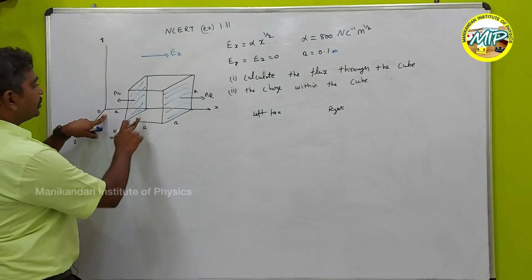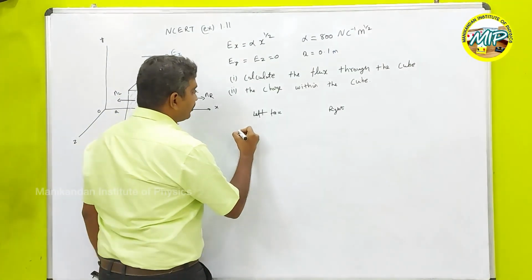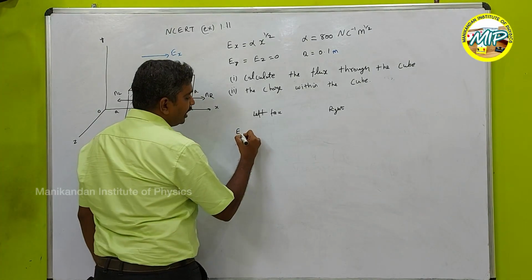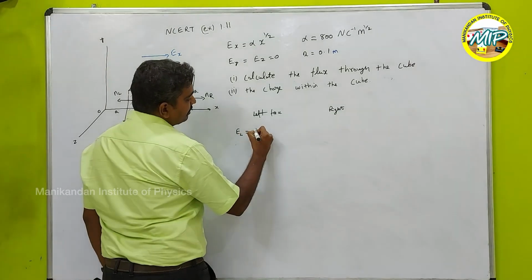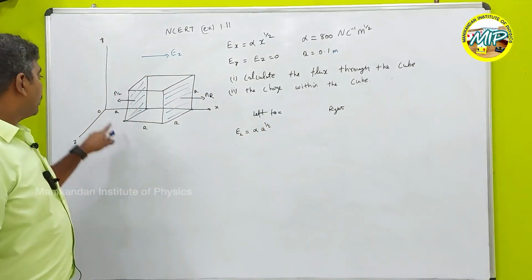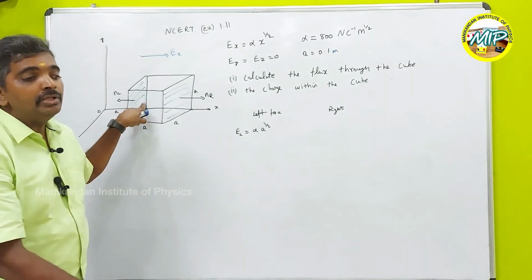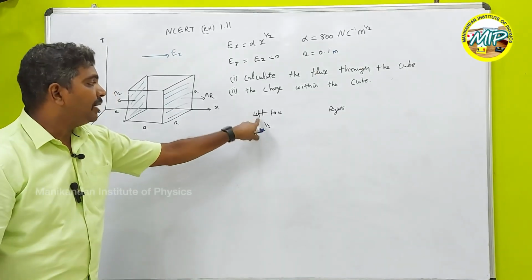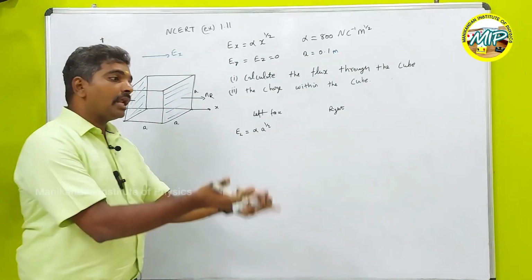From the origin to this point the distance is A. For the left face, I can simply write my electric field at A: EL equals alpha times A to the power 1 by 2. Instead of taking x, I am taking the distance from the origin to the left face, which is A. Next I am going to write the electric field for the right face.